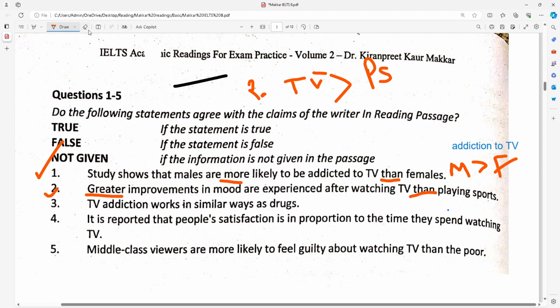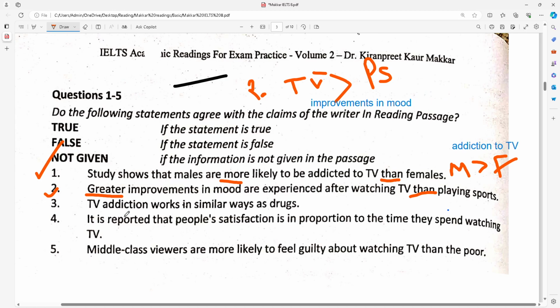They're saying we have improvements in mood. So we have improvements in mood when it comes to watching TV and not playing sports. So that is what they're saying. So we have to compare that second thing.